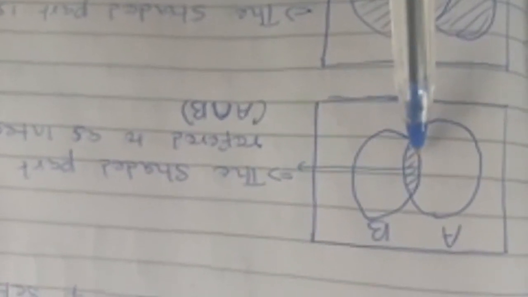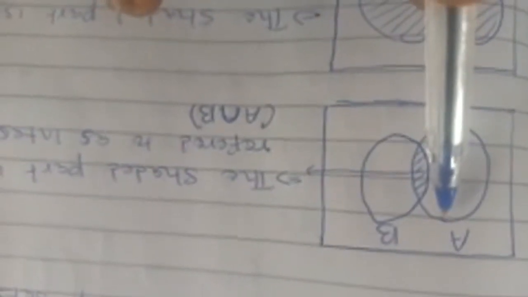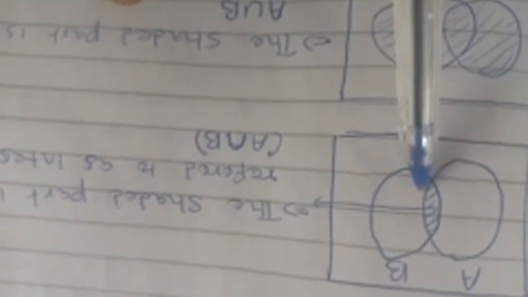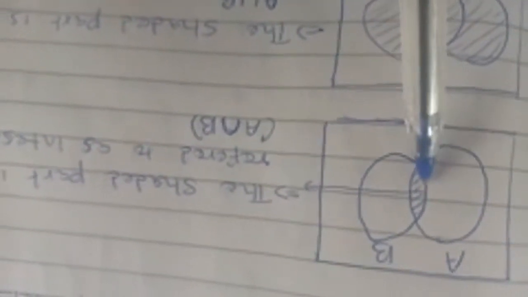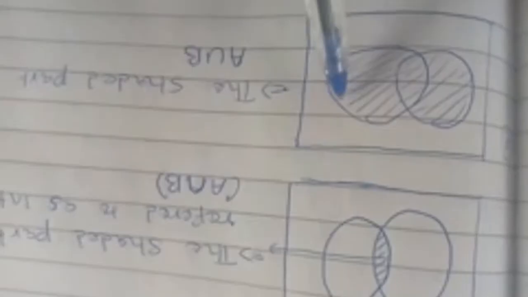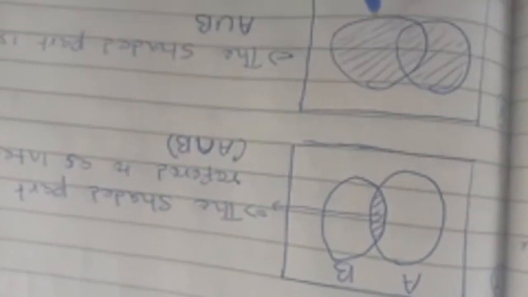It simply signifies what is in A and is also in B. So that's the intersection, while this whole thing is A union B, that is complete A and B. Anything that is not in A or B will be outside here. I hope we are getting it.